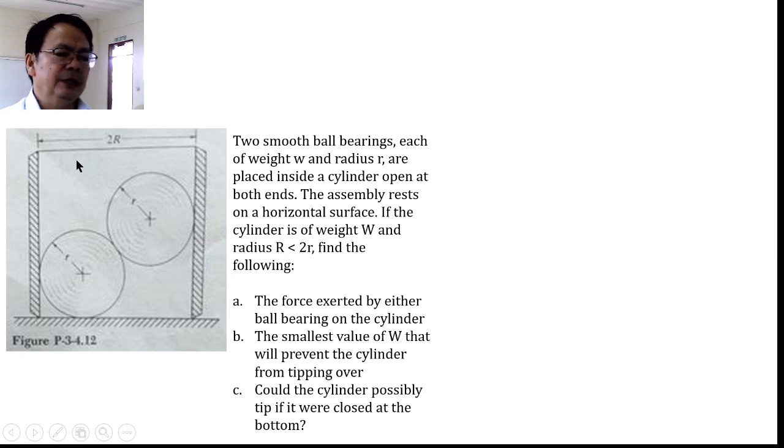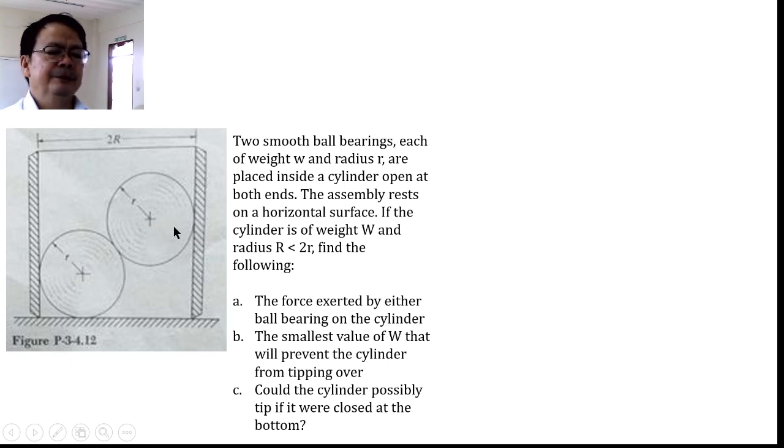At kung sakali daw na itong ilalim na ito ng cylinder ay may takip din, may chance ba na mag-tip over siya? Pag sinabi natin tip over, maaaring dito siya magtitip. Kumbaga, iikot itong cylinder in that direction. Matutumba siya dahil sa bigat ng ball na nakalagay sa loob ng cylinder.